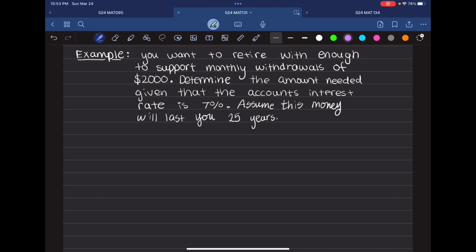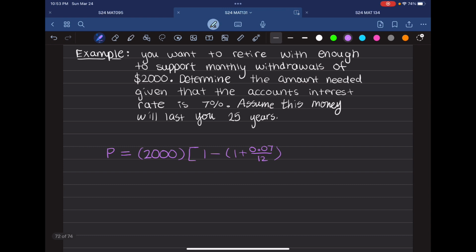We've got that the principal balance, which is what we're trying to figure out, is equal to our monthly withdrawals, so $2,000, times 1 minus 1 plus our interest rate is 0.07, divided by 12 because we have activity happening monthly, to the negative 12 times 25 because we're doing this for 25 years.